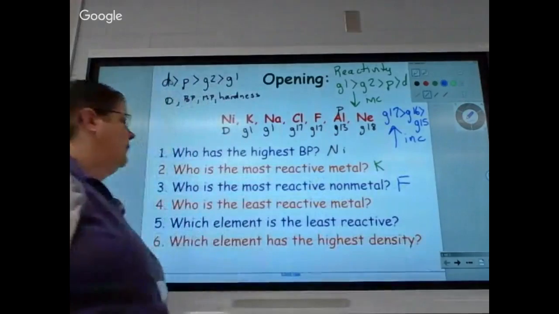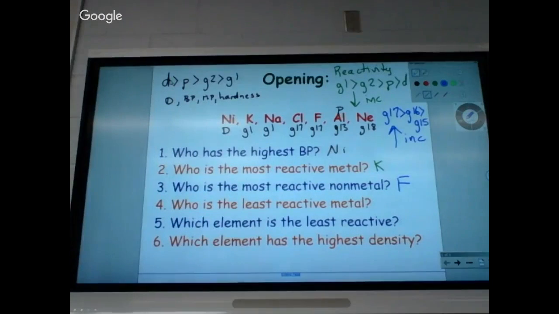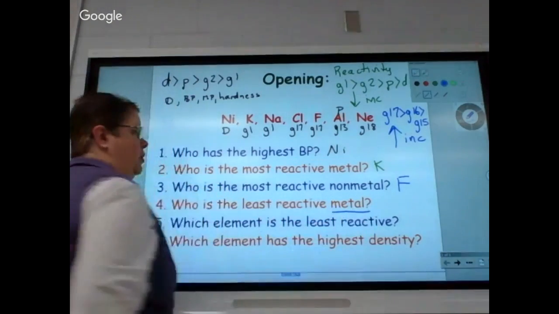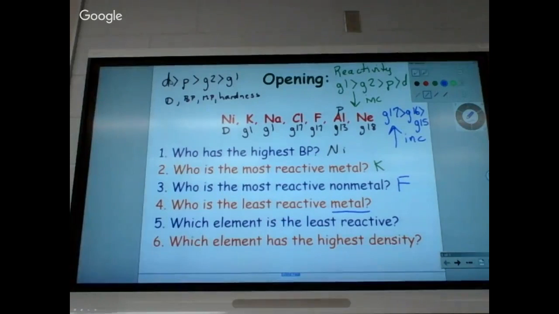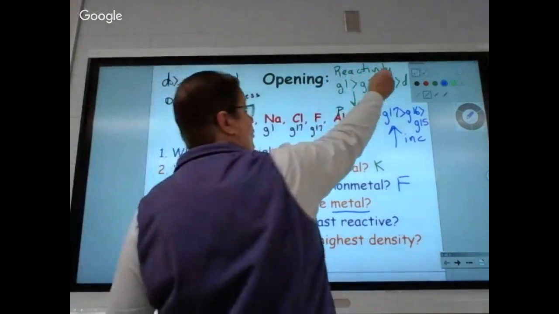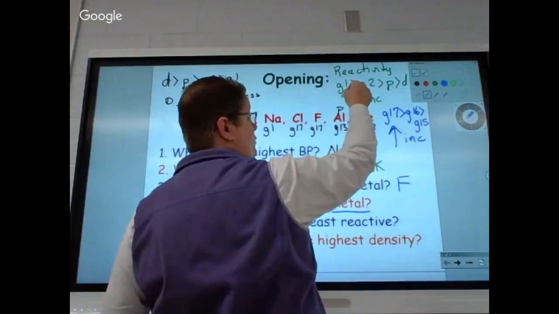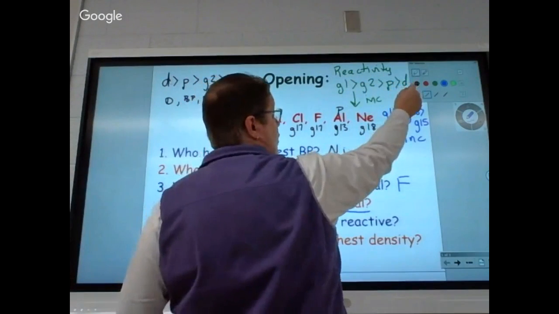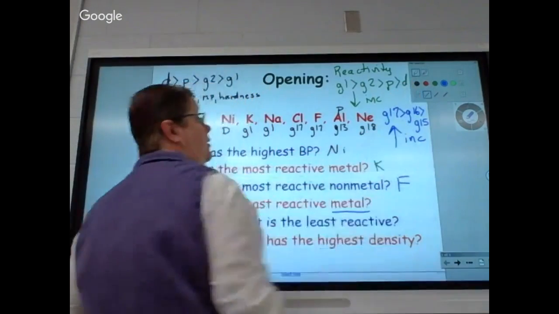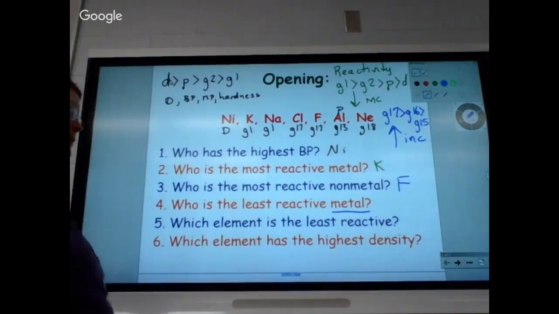All right, the least reactive metal. So who is the least reactive metal? Here's your reactivity trend. Least reactive, that was most. So least reactive would be who? D block. So who's in the D block? Nickel.